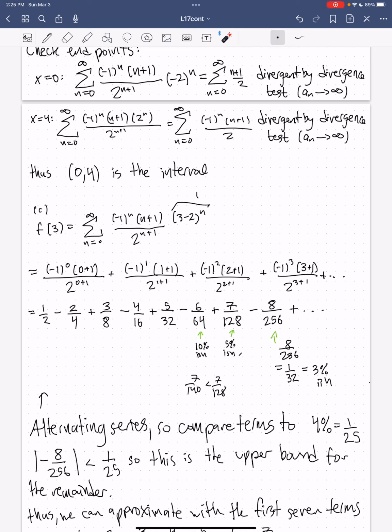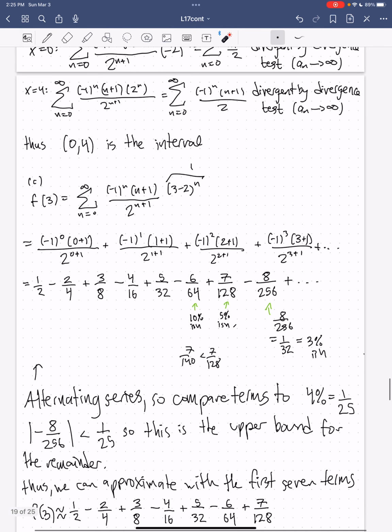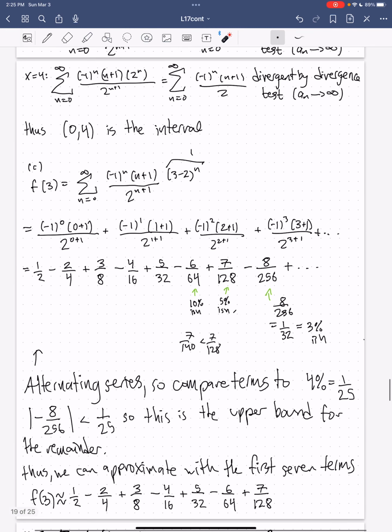But then this one, 1 over 32, we know for sure this is less than 4% because 32 is bigger than 25, so that's going to be our upper bound for the remainder. And because this is the first term that we can exclude, our approximation is enough if we only look at the first 7 terms.